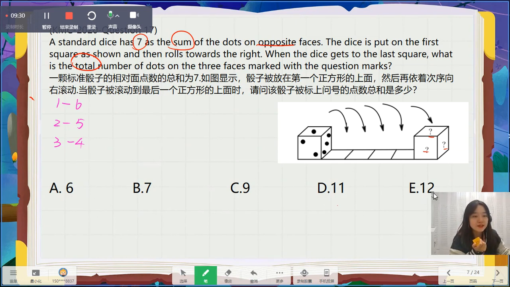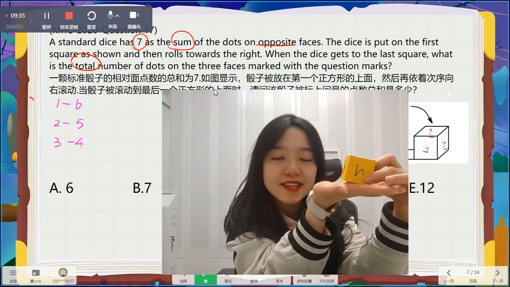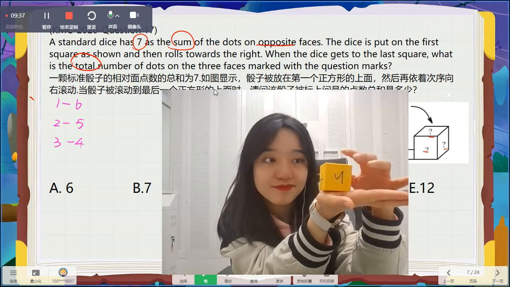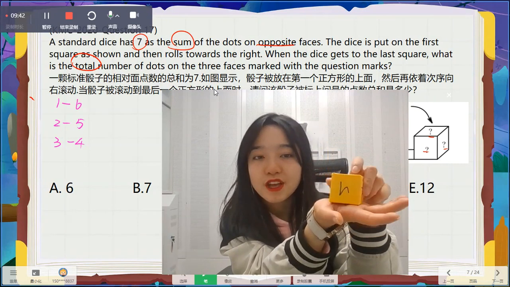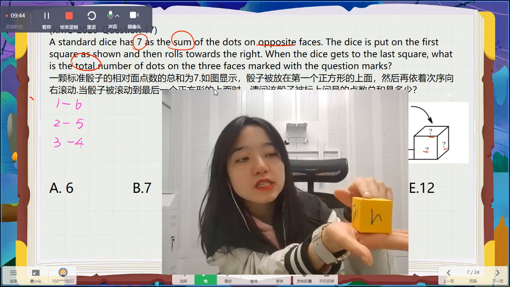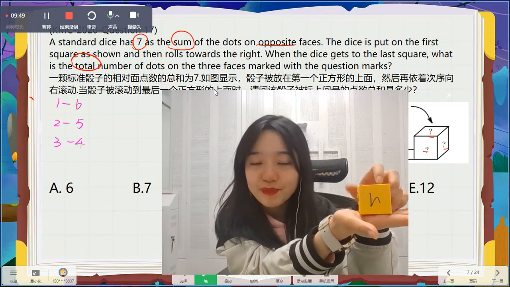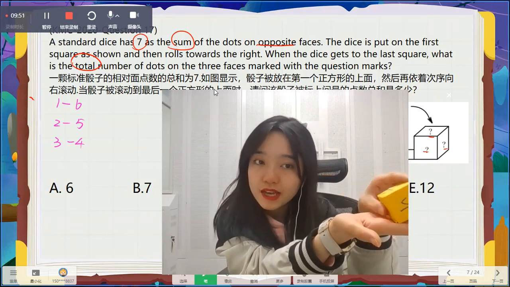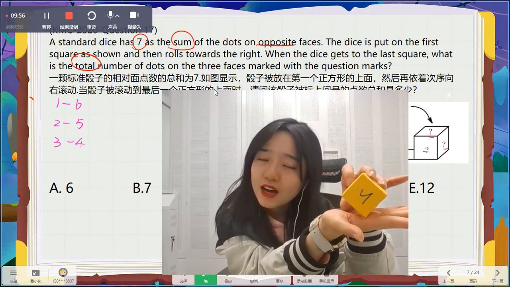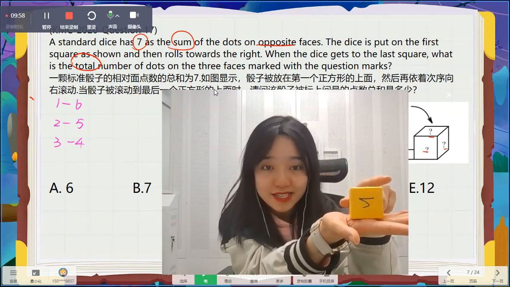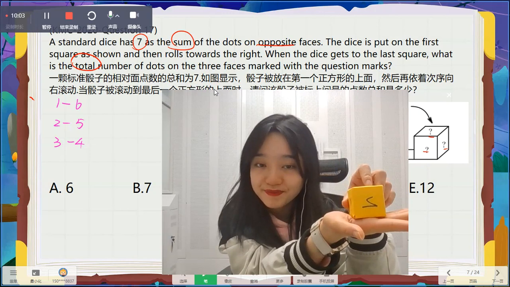When I rotate it into the right side, let's see first the red, the 2 should face front, and the top one is 1 and the right one is 3, like this. When I rotate it to the right, always to the right, no matter how many times I rotate it, could you please tell me what is the front number?